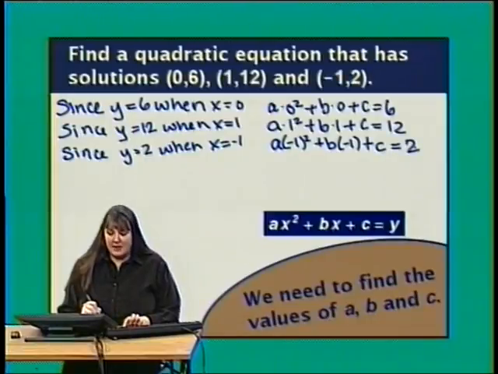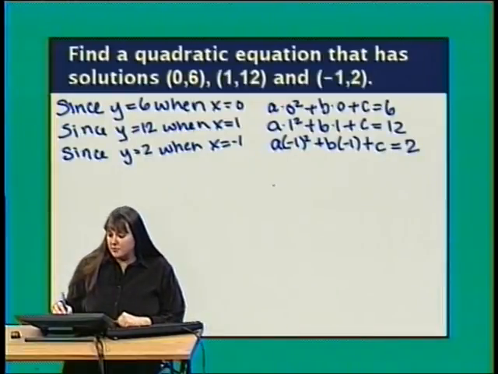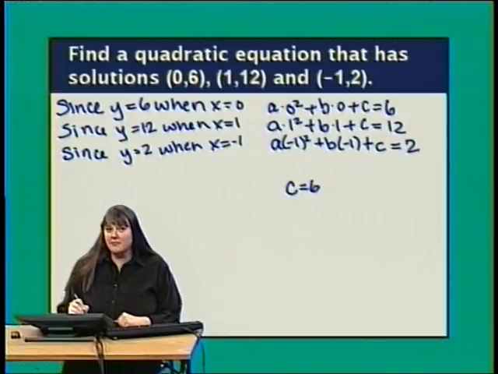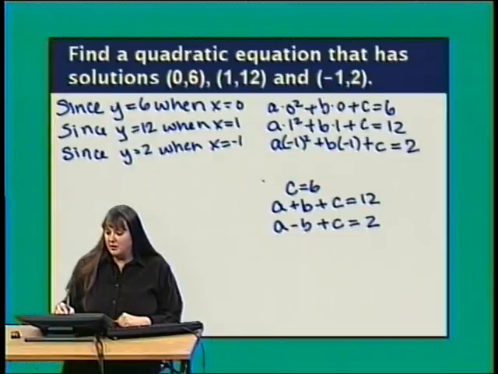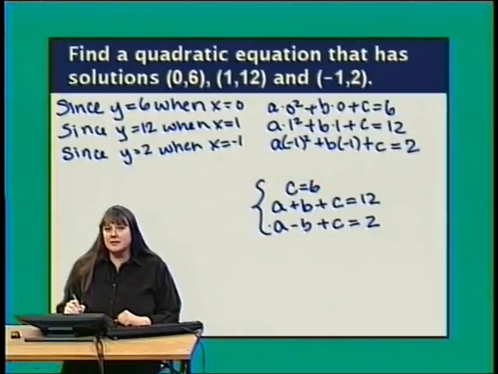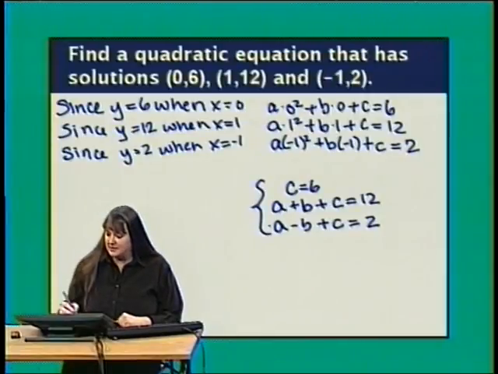Well, if we simplify this a little bit, we'll see that the first equation right away simplifies to c equals 6. So we know the value of c. The second equation is a plus b plus c equals 12. And the third equation is a minus b plus c equals 2. Since I know that c is equal to 6, I can substitute the value 6 in for c in those second and third equations to simplify things.